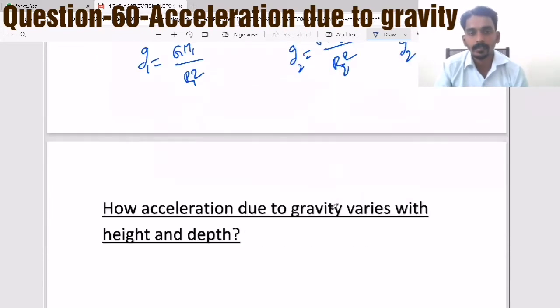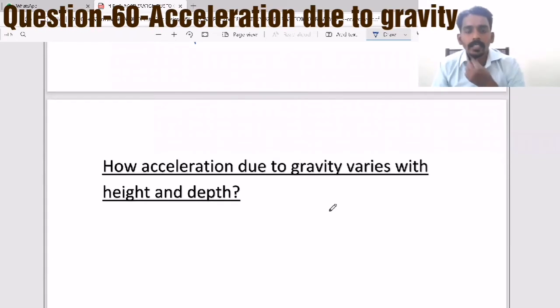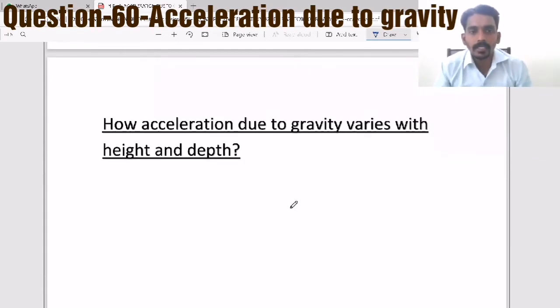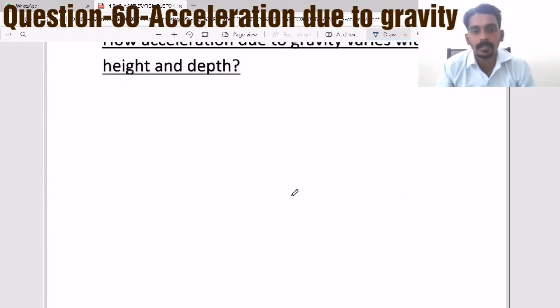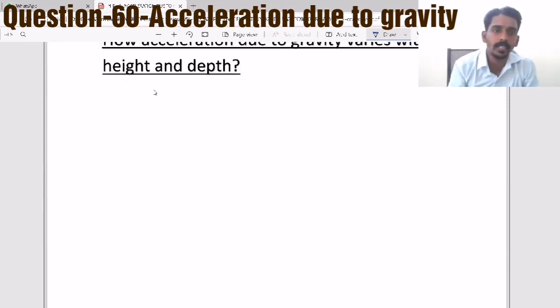Now, the next thing you have to understand is how acceleration due to gravity varies with height and depth. The very first thing is height. Consider a planet of mass m, radius r.